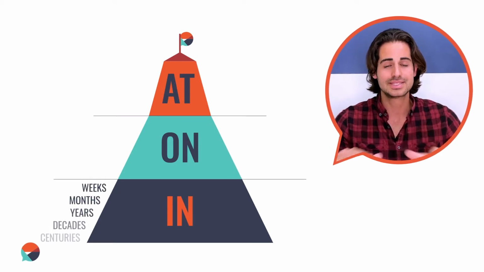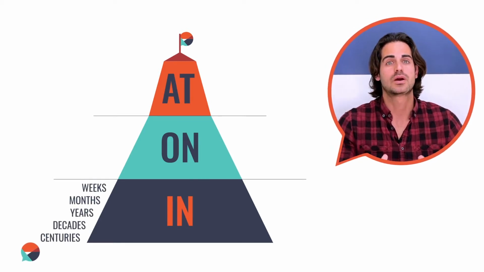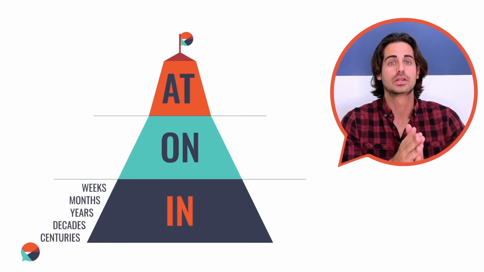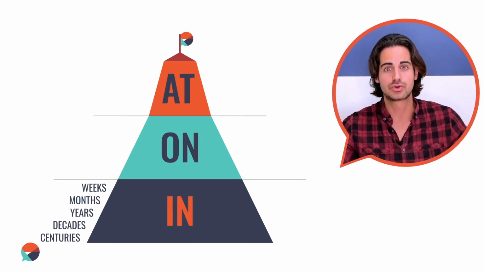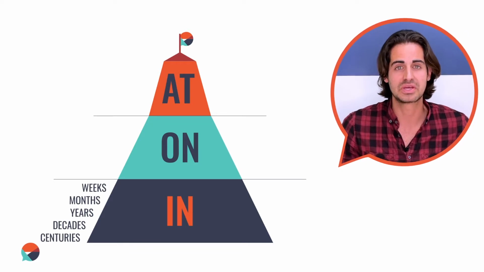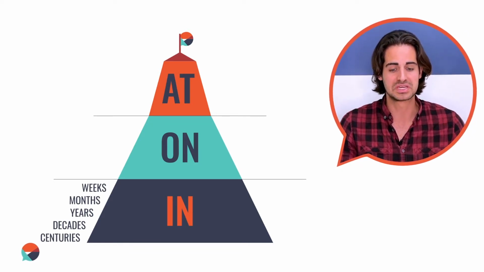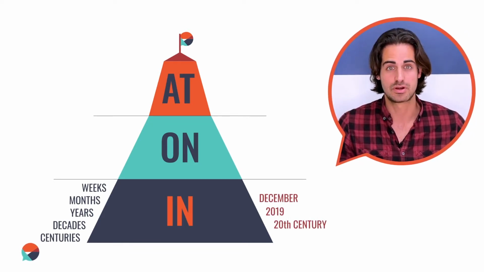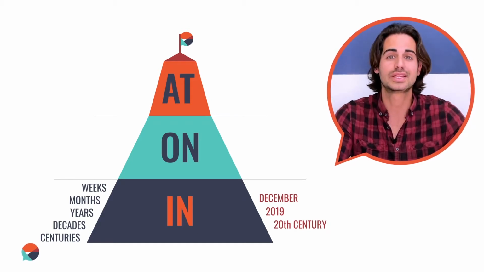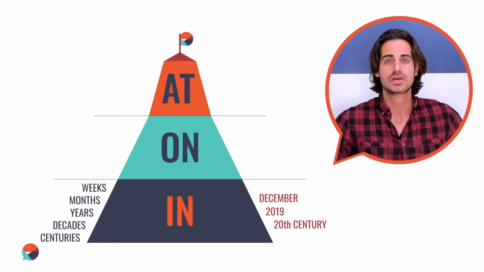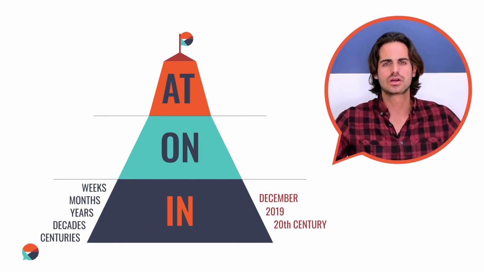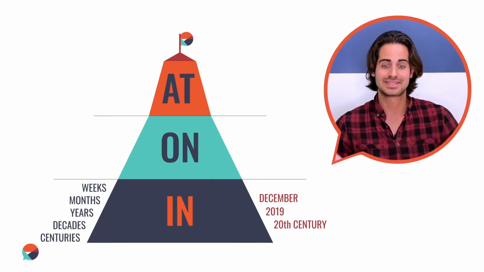Well, in is at the very bottom because it's responsible for the large, big general lengths of time, right? An example would be in December or in 2019, right? In the 20th century. So big, long amounts of time, right? That's why it's at the very bottom.